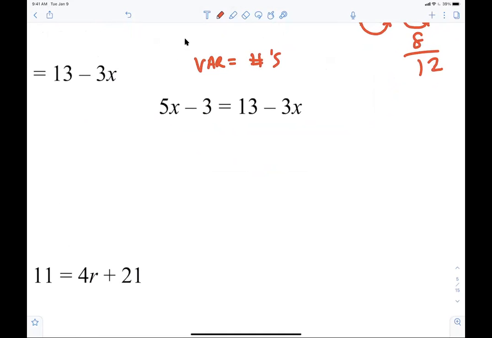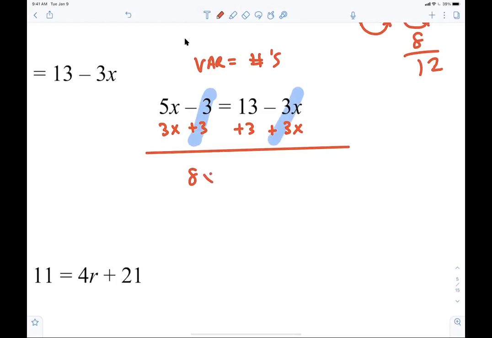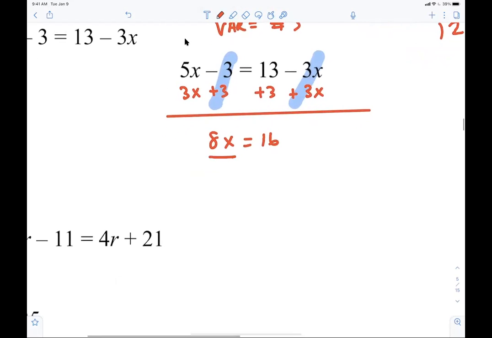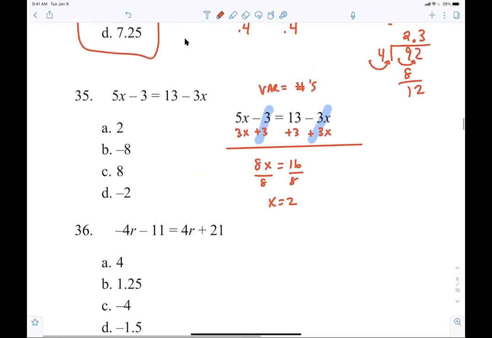Good job, Jolie. Plus the 3 and also plus 3x. And so again, these guys cancel. So I have what? 8x equals 16. And then what? Divide by 8. Thank you so much. x equals 2.